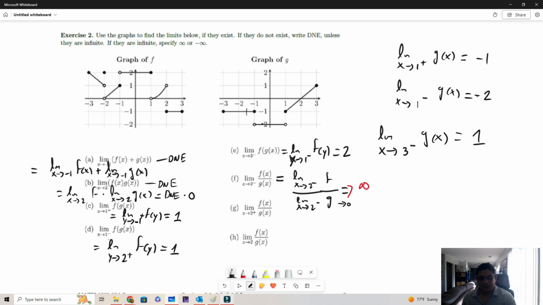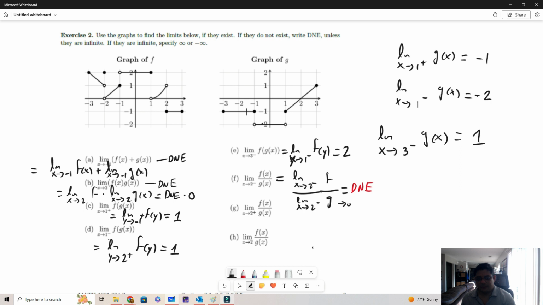But also we can say that, according to the rules, if g of the point is 0, then simply we can say that the limit overall does not exist. Because the rule says the limit of the quotient only exists if g of this point is different from 0, but this point is approaching 0.